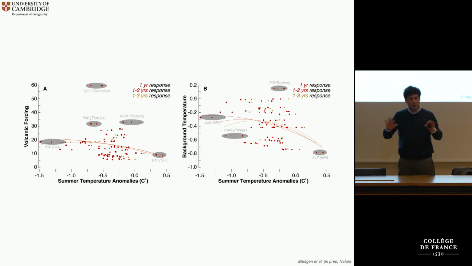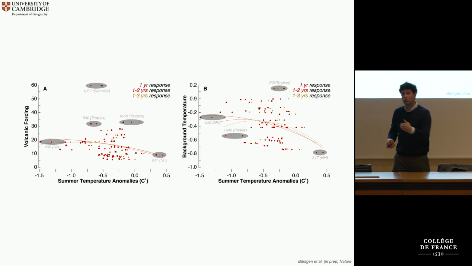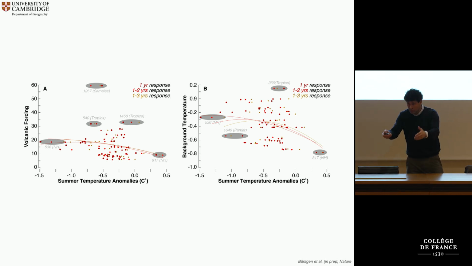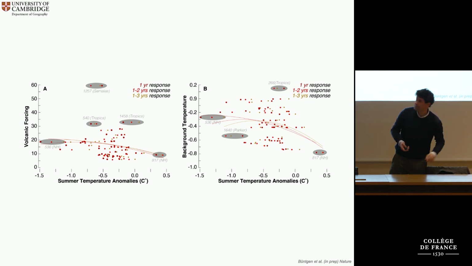So this relationship we don't have, right? There is no clear relationship between the amount that we find in the ice and the real cooling, which is a problem because most of the climate models would use it like this, right? They would use the injection intensity to say it was very cold or a little bit cold.